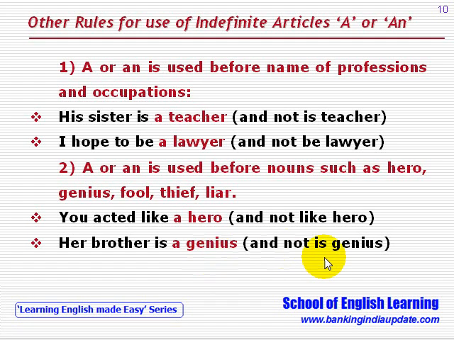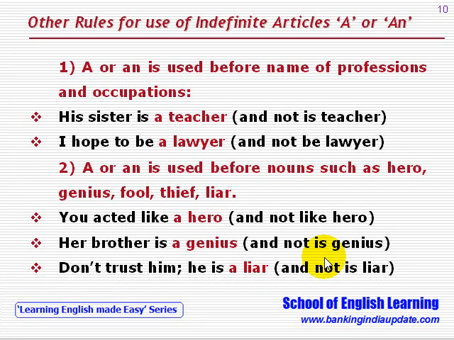We will not say is genius. Do not trust him. He is a liar. We will not say is liar. So before nouns such as hero, genius, fool, thief, liar, a or an is used.